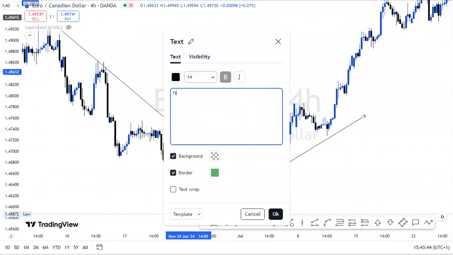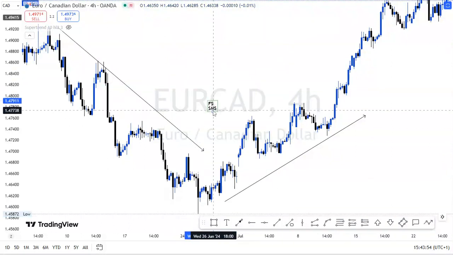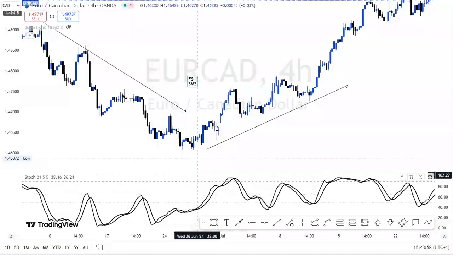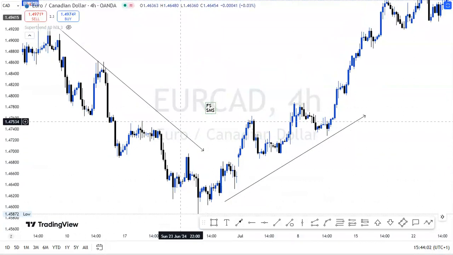You get a fail swing, and you also get a shift in market structure. So, what is a fail swing? A fail swing is when price fails to form a new high or a new low in a trending market.